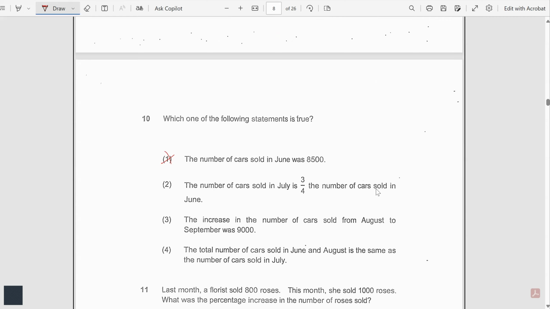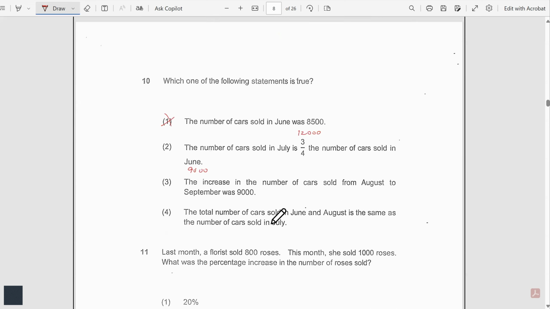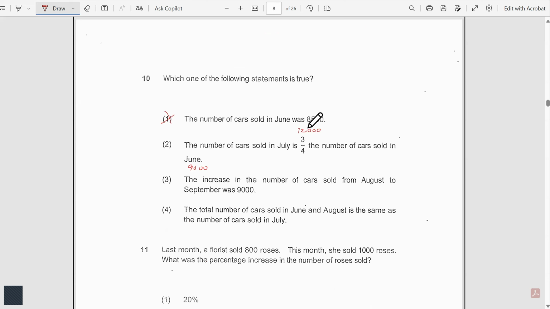June is 9,000. Then July is 12,000, right? Okay, so is this true? Saying July is 3/4 of June means that July is less than June. Is it true? No, it's not true.